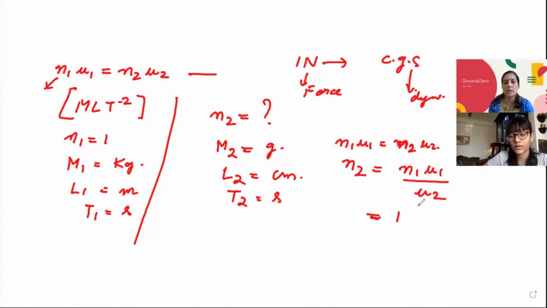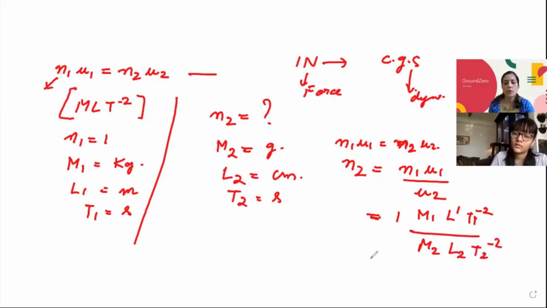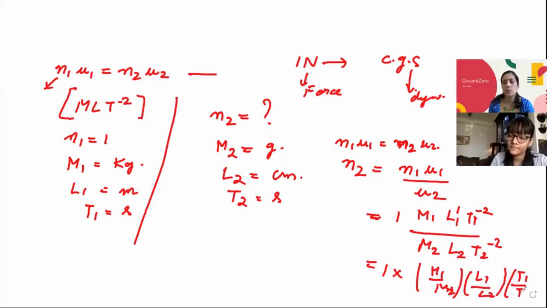You can write M1, then L1 and T1 to the power minus 2, and this one is M2, L2, T2 to the power minus 2. So you get 1 times M1 upon M2, L1 upon L2, T1 upon T2, the whole thing to the power minus 2.